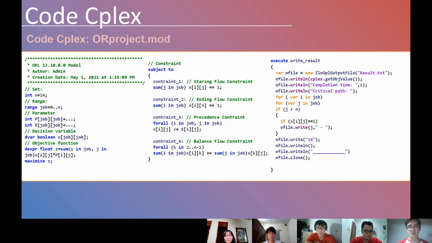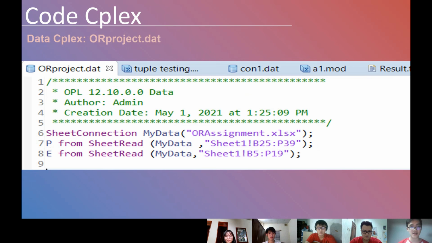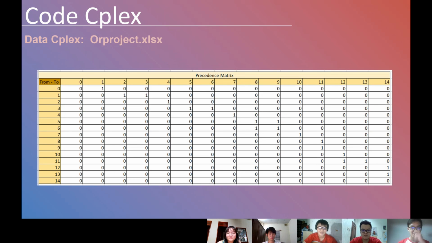The next one is our data, project.dat. Here, P and E are derived from the Excel, which means the processing time and the precedence constraint. And here is the precedence matrix, which is also known as the E parameter.